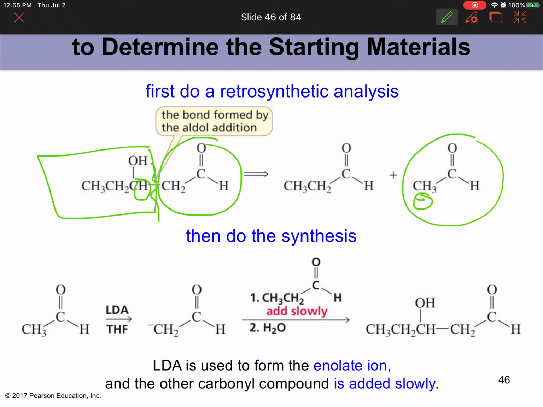See, there are two different kinds of aldehydes, and we need to make the carbanion with this aldehyde. So you take that, react with LDA-THF. So you can form the carbanion over here, and then the other one you add slowly. Okay, so then this is going to add on to this carbonyl carbon and form the alpha hydroxy carbonyl compound. LDA used to form the enolate ion, and the other carbonyl compound added slowly.